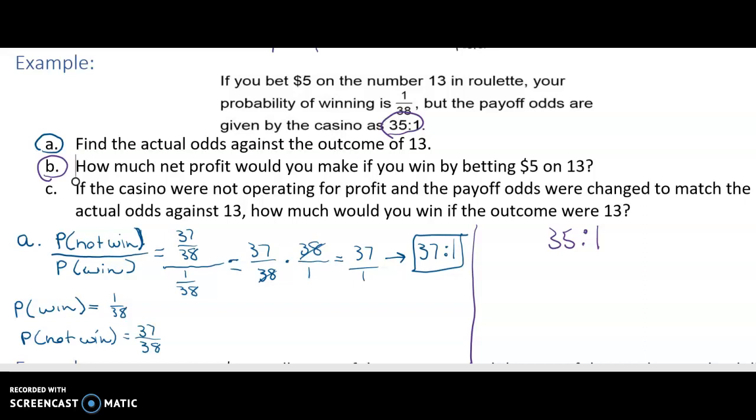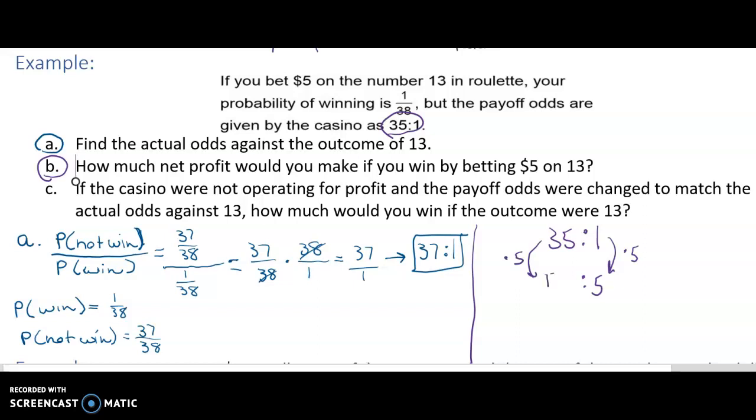That means that for every $1 I put down, I could win 35. So instead of putting down $1, I'm putting down $5. So I have to multiply that by 5. If I multiply one side of the odds by 5, I have to multiply the other side as well. So let's find 35 times 5.